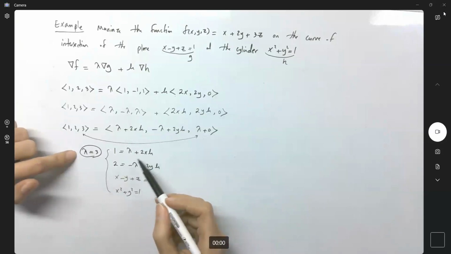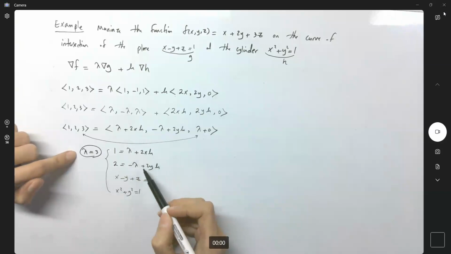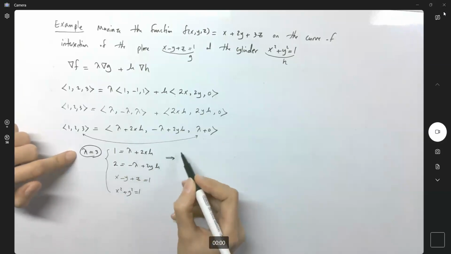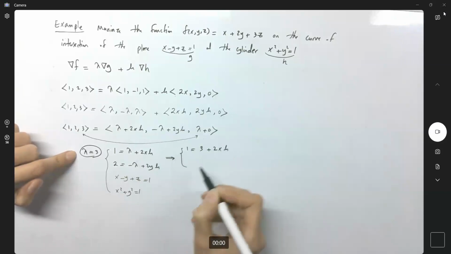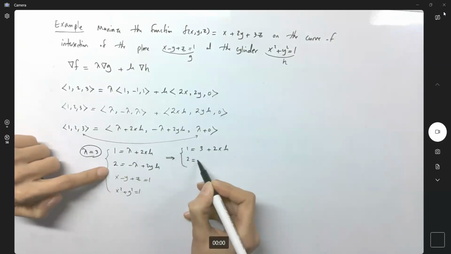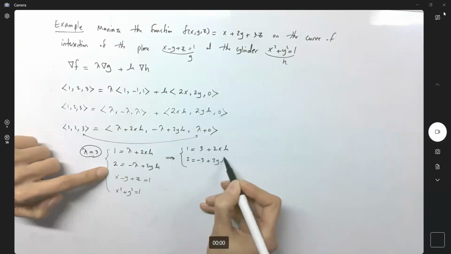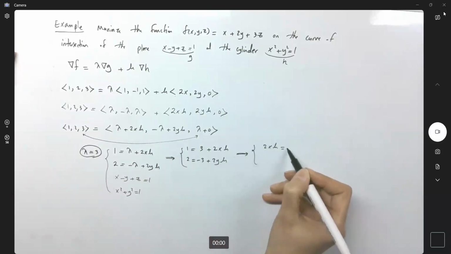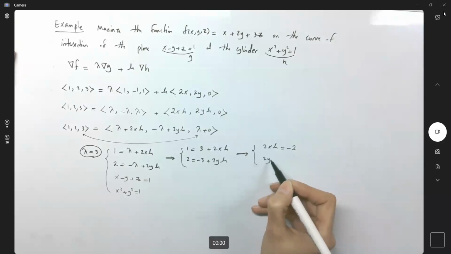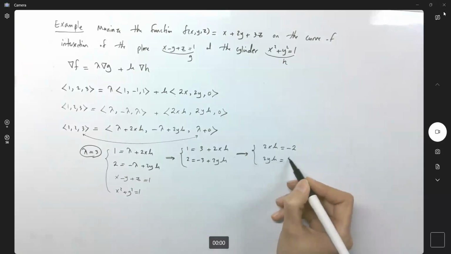So lambda is equal to 3. Let's plug those in here, see what we can get out of these. 1 is equal to 3 plus 2x mu, and 2 is equal to negative 3 plus 2y mu. Or we get 2x mu equals negative 2, and 2y mu equals 5.